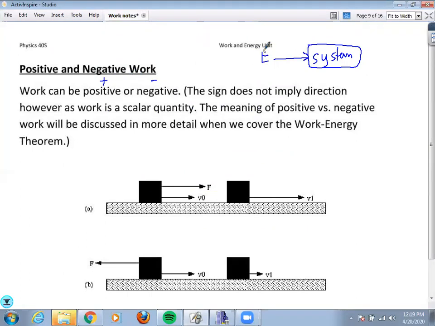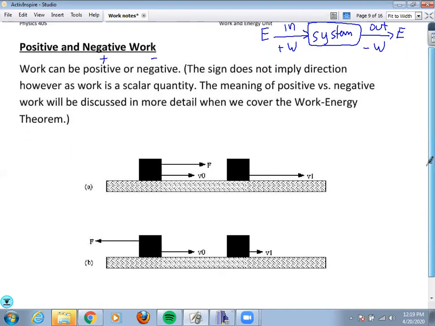So energy can go into a system or energy can come out of a system. So if energy goes in, positive work is done. If energy leaves the system, then negative work is done. So that's pretty much how it works. If a system has positive work done on it, its energy level increases. If a system has negative work done on it, then it has energy leaving the system.